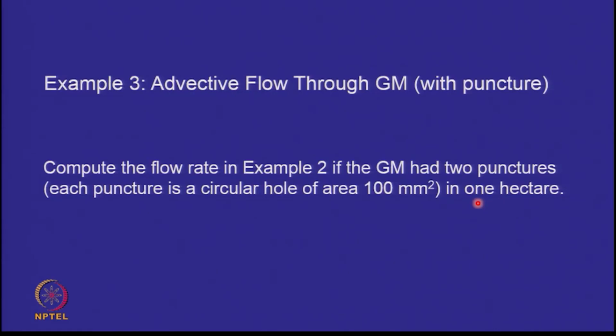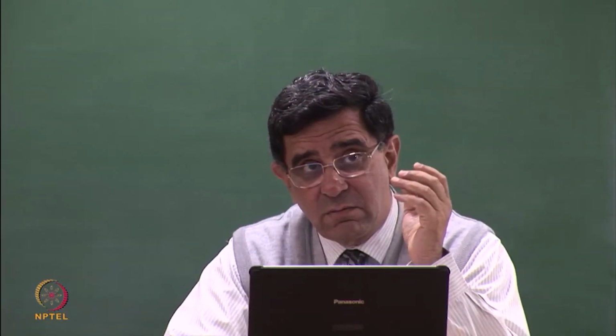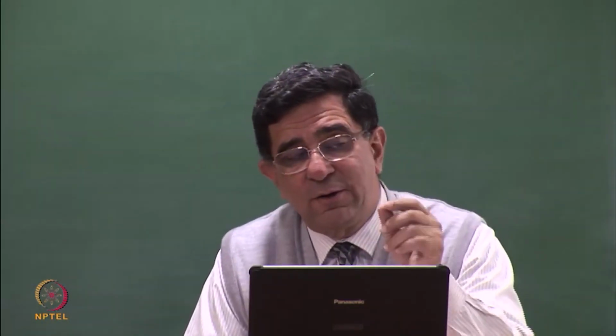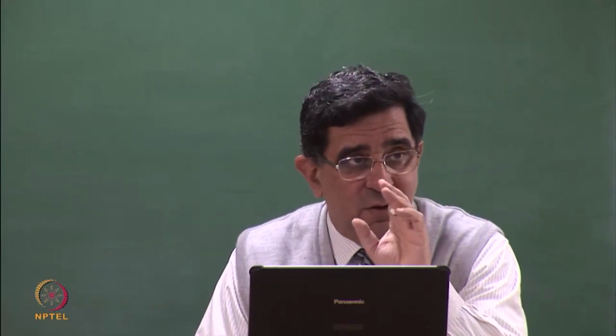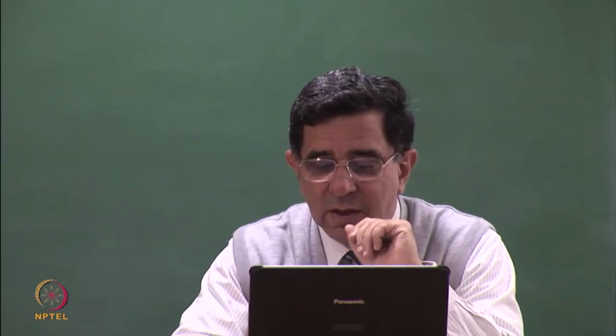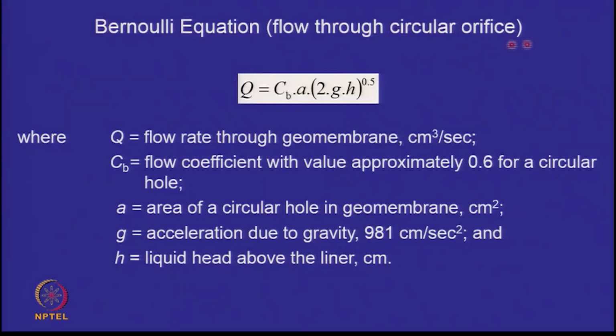So if I have 2 holes, which is very good quality construction, if you recall, in 1 football field, for you to get 2 holes which have 1 centimeter square in area is very, very good, excellent quality of construction. The formula that has to be used is the formula for flow through a circular orifice. And please have a look at this formula and note it down.